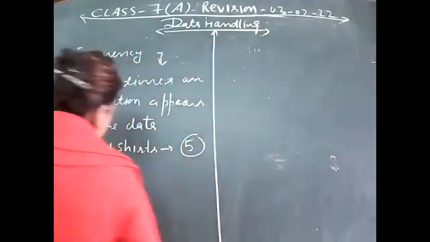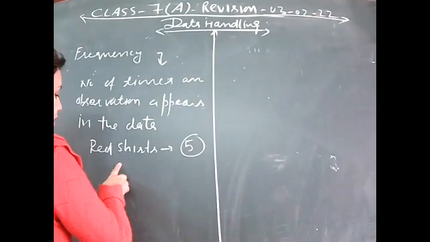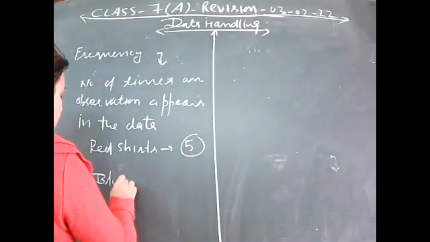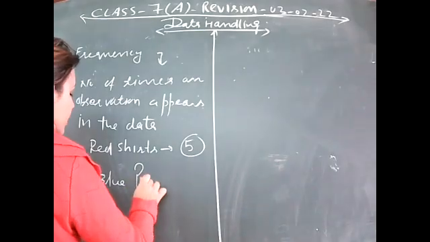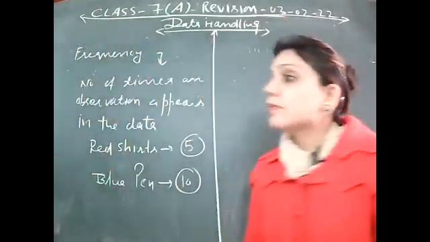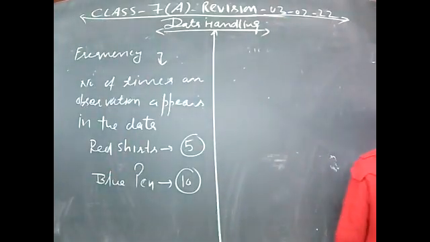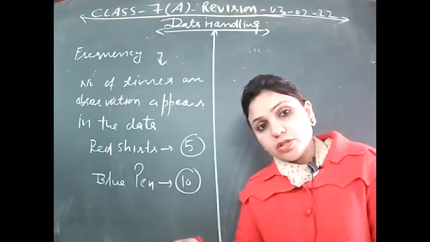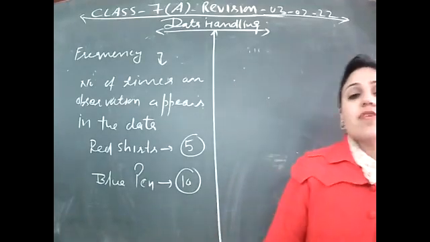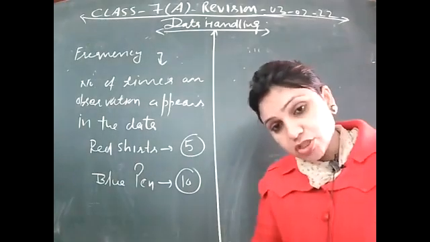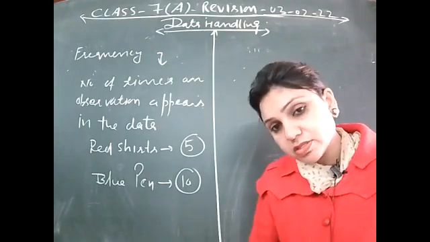If I ask how many blue pens are in your geometry box, you will say I have 10 blue pens in my geometry box. That means the frequency of blue pens in your geometry box is 10. So frequency is the number of times an observation appears in the data. एक data में एक observation जितनी बार appear करती है उसको उसकी frequency बोलते हैं.